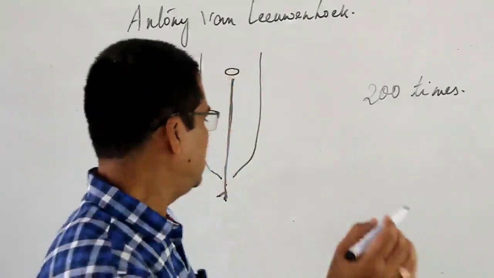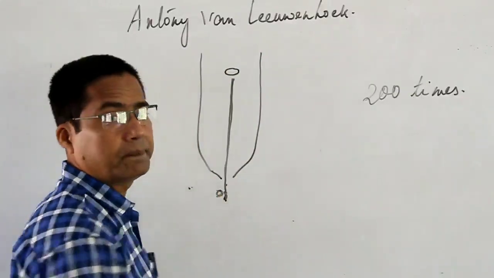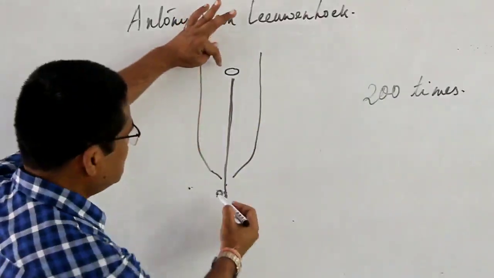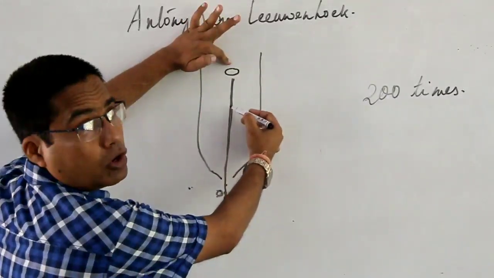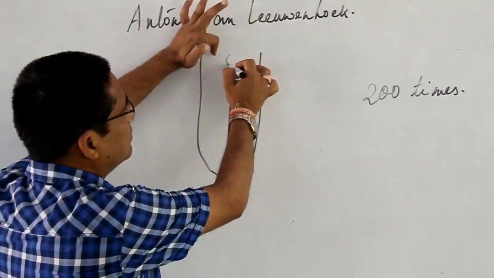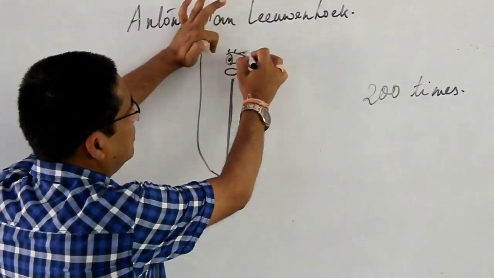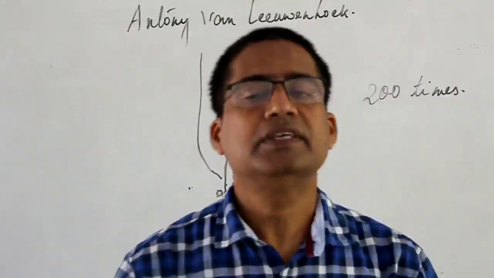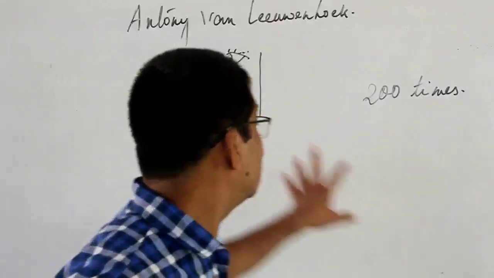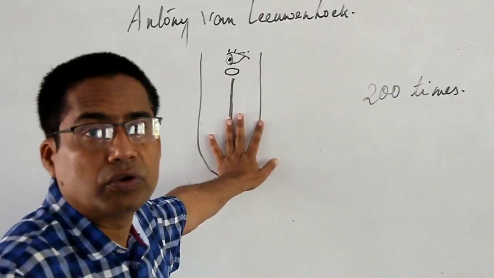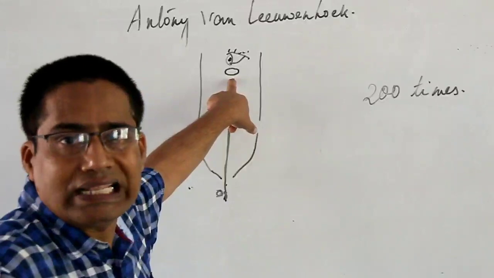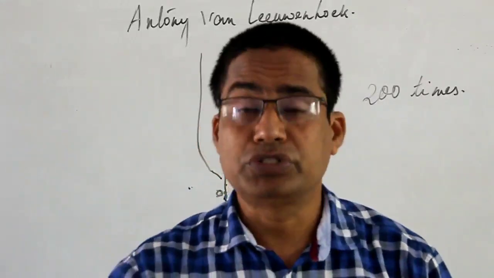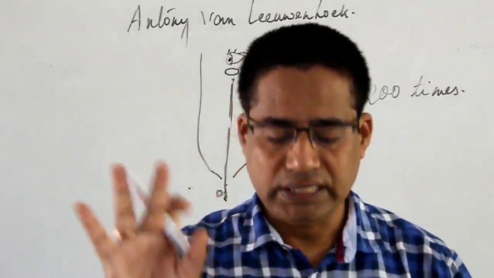He could turn the screw, and when he turned the screw, the object could either go up or down, and he kept his eye here. From here, he could see the object, and that object was magnified. This is what is called magnification, and this is the simple microscope of Antony von Leeuwenhoek. It is a simple microscope because it has only one lens, and the magnification was comparatively lower than other microscopes.